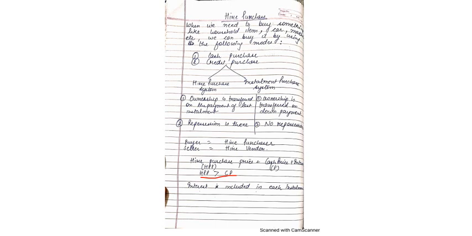So next we are going to start with the accounting treatment in the account books of hire purchaser as well as hire vendor. In the books of purchaser, we post these journal entries.